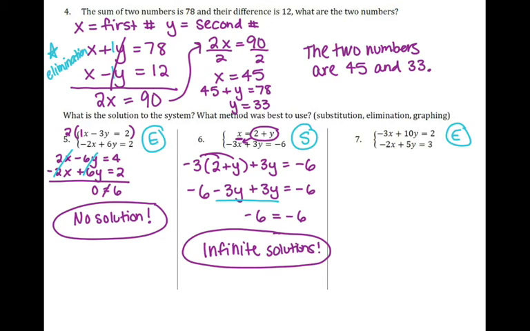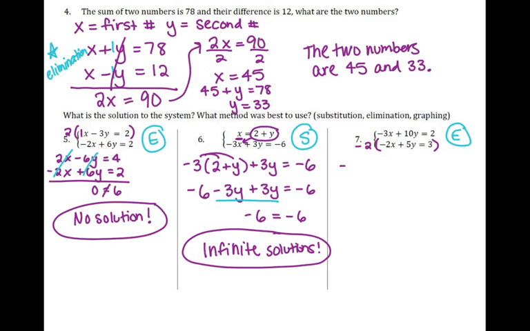All right, number 7. Let's see, using elimination again, just because my x's and y's are stacked on top of each other, on the same side of the equal sign. So I want to either eliminate my x's or my y's. I'm going to take my bottom equation and multiply it by negative 2. The reason I'm doing that is because I want to change this 5 to a negative 10, so I can cancel out with this positive 10.